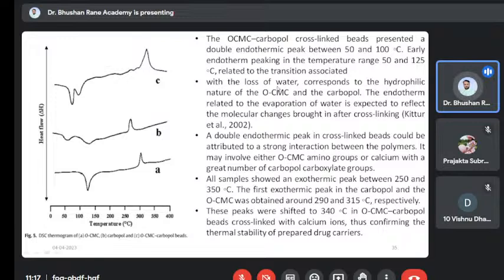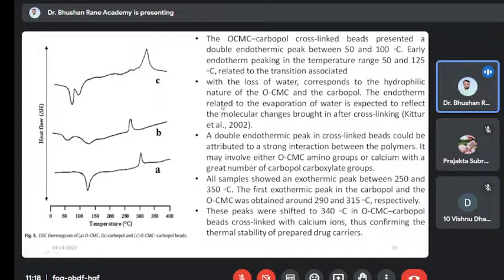The loss of water corresponds to the hydrophilic nature of our O-carboxymethyl chitosan, as a cross-linking polymer, and the carbopol. The endothermic peak is related to the evaporation of water, and reflects the molecular changes brought about after the cross-linking between the O-carboxymethyl chitosan and the carbopol.